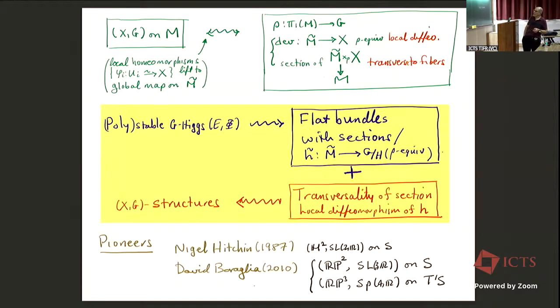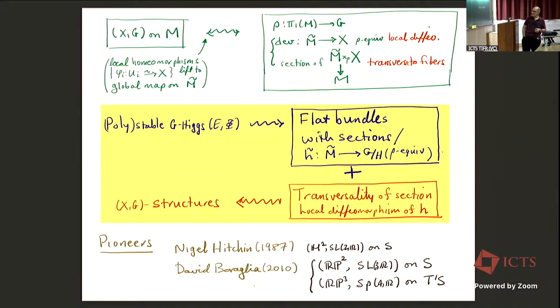So what you need then is the data that you get from a Higgs bundle together with some extra conditions reflecting these conditions. The Higgs bundle technology is very useful for constructing flat bundles with sections. That's the data that comes out of the equations and the stability conditions.